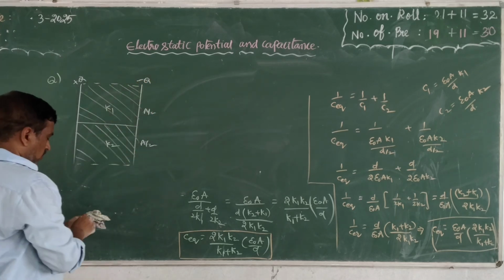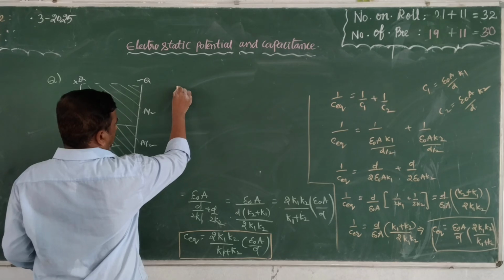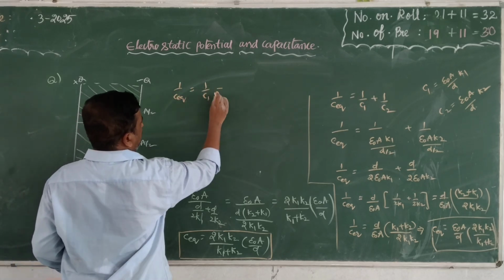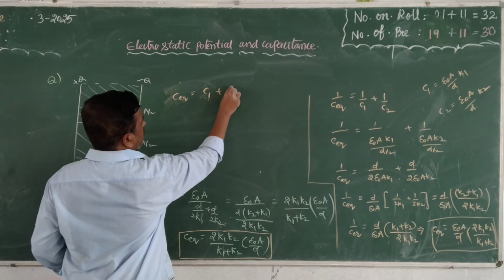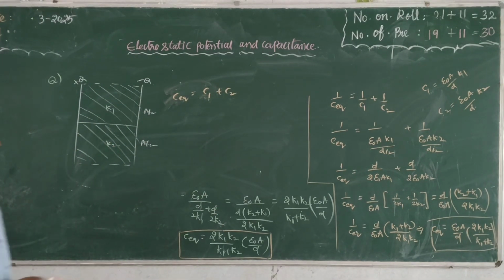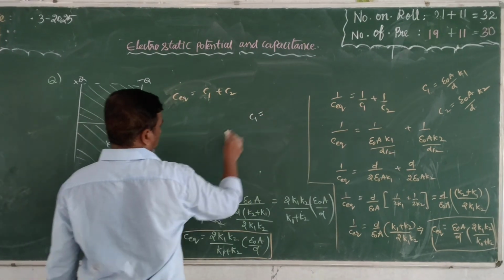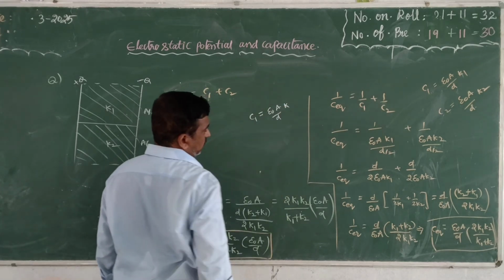What can we write now? C equivalent equals C1 plus C2, because these are parallel capacitors. C1 equals epsilon naught A by D into K, the actual formula.